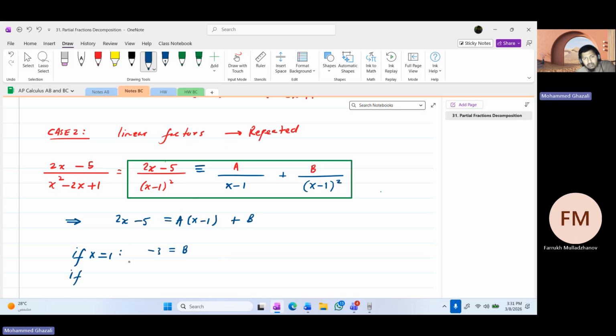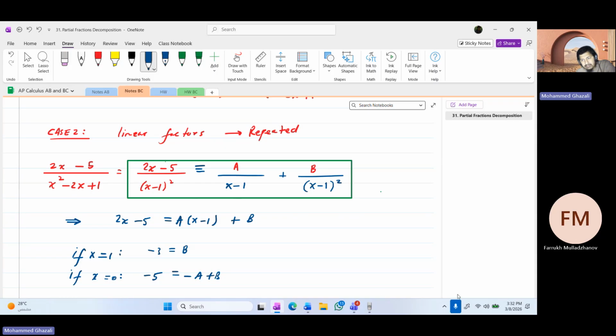Now, what other values can you choose? You can't choose any other values besides 1. Now, in this case, you can choose any other value you like. Like, I'll choose x value of 0. So if x value is 0, we have negative 5 is equal to negative A plus B. But guess what?